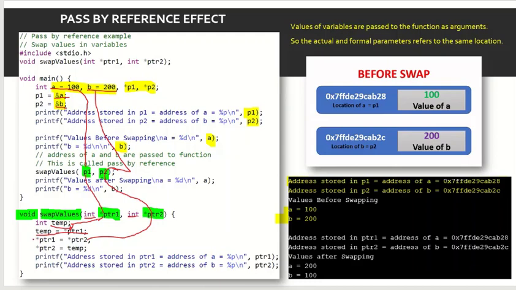That means I am storing the value 200 to the location of ptr1. So location of ptr1 means location p1 itself.